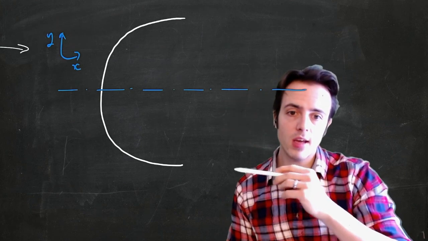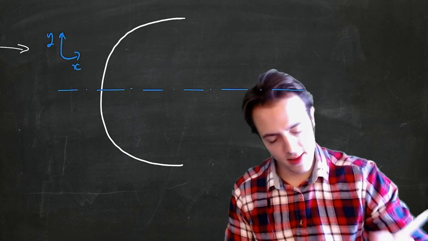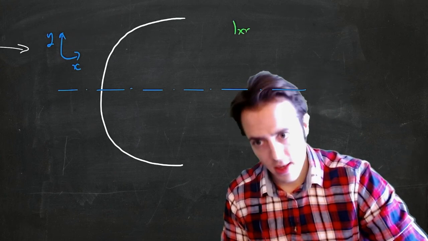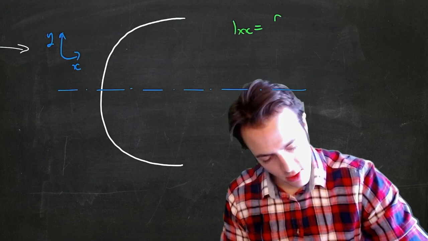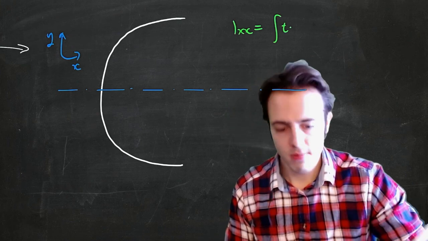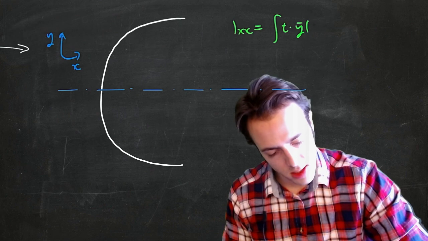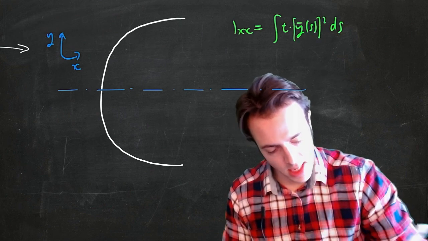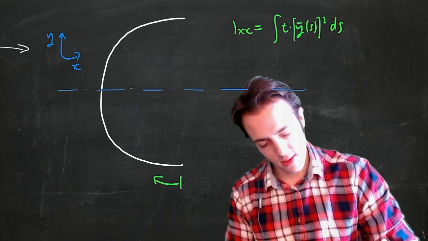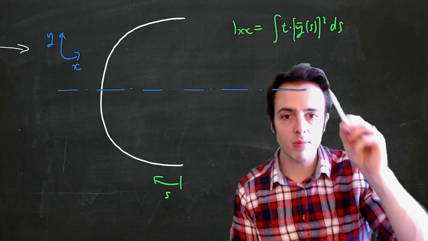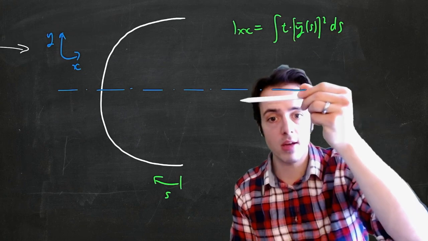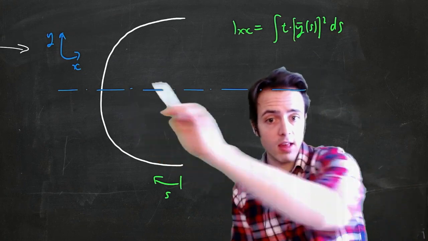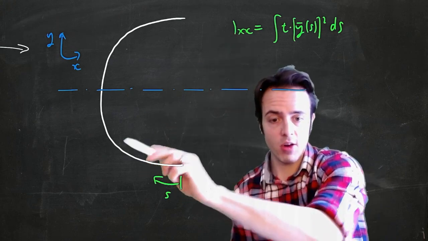But because we're just looking to get Ixx, we know the equation that gives us Ixx: by definition, Ixx is equal to the integral of the thickness multiplied by y bar as a function of s, all squared, ds. And that's where we've got this ordinate s that extends around here. Because we only need to know the vertical location of the centroid, that's fine. So then our displacement is just going to be a function along here.